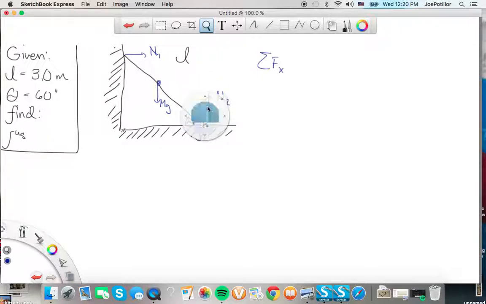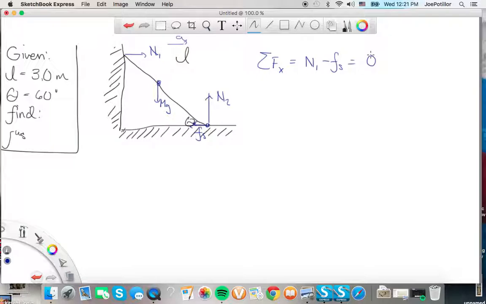Here we have two forces. We have to define a direction for acceleration, which we did not do in this problem. We can define it to be this way. And since we defined it that way, we'll make that N1 minus the friction force is 0.